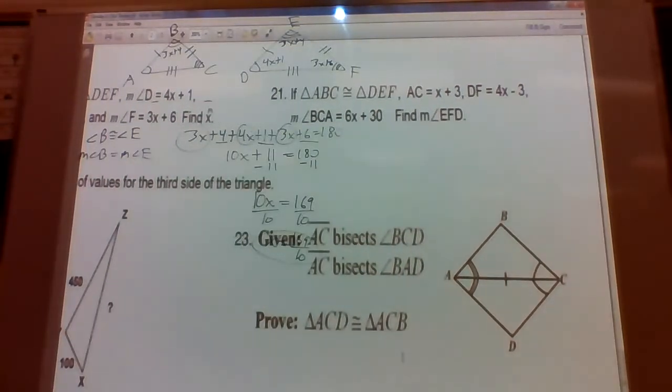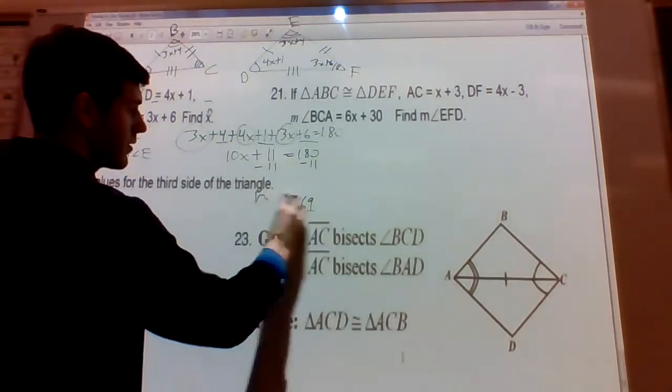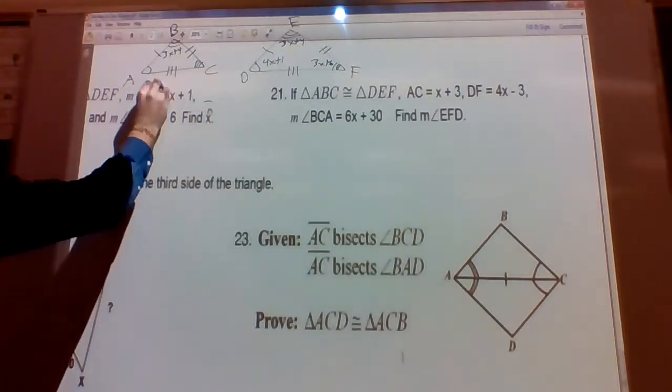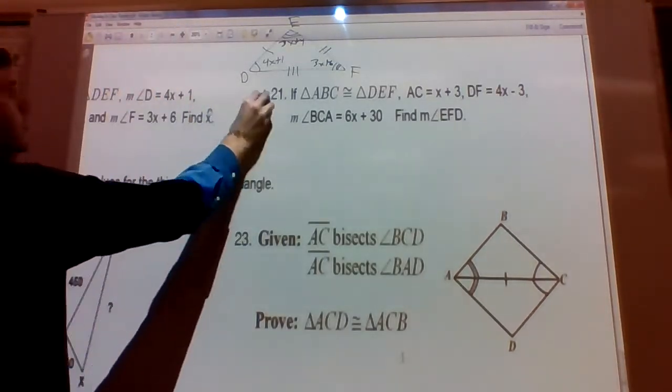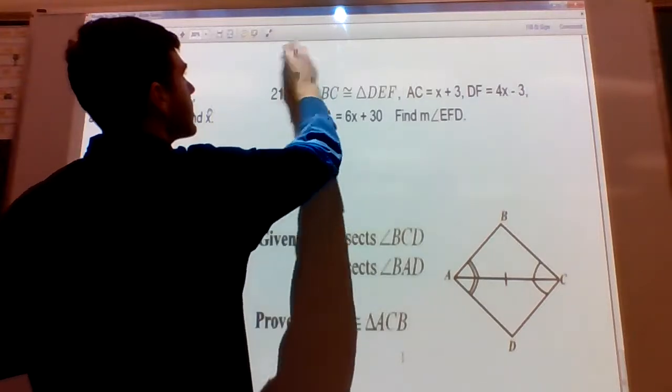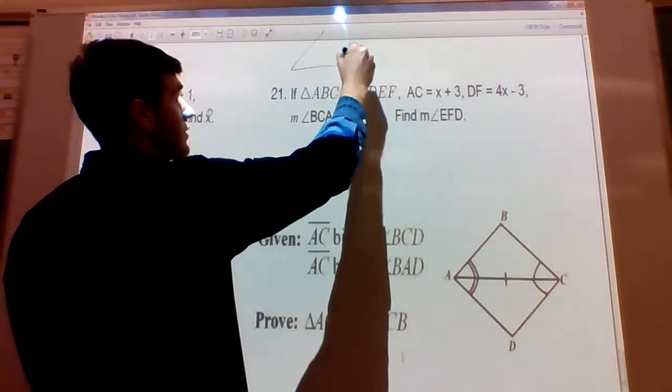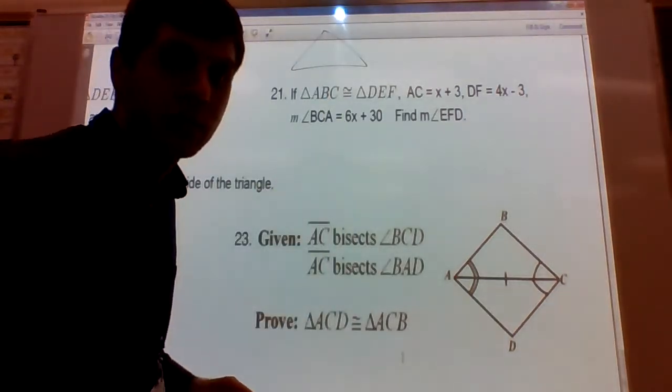21 is very similar. Okay. So again, we should draw the triangles. This is high enough to see, yep.